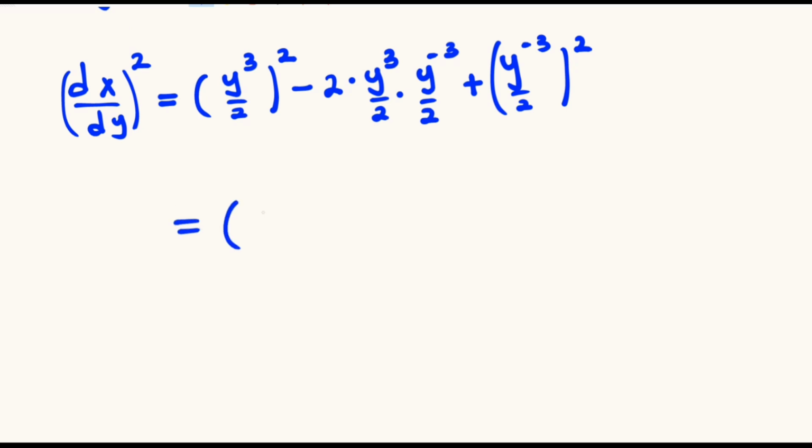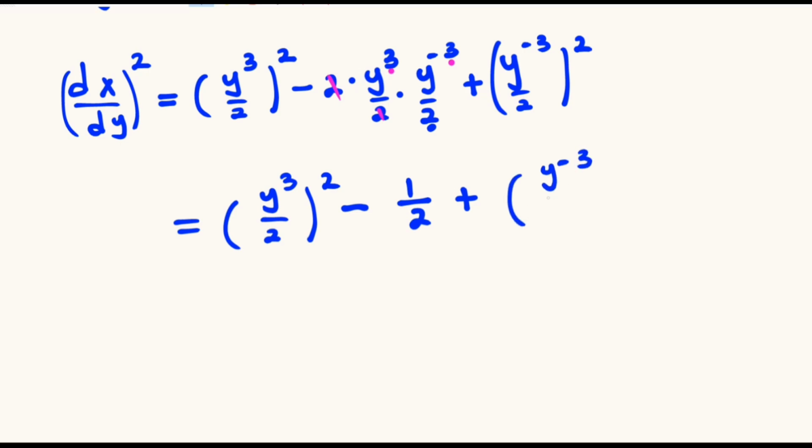From here we simplify, this will be equal to (y to the power 3 divided by 2) squared, and that 2 and that 2 will cancel out, and y to the power 3 multiplied by y to the power negative 3 will also cancel out, and we will be left with negative 1 divided by that 2 plus (y to the power negative 3 divided by 2) squared, and this is equal to the derivative of x with respect to y squared.